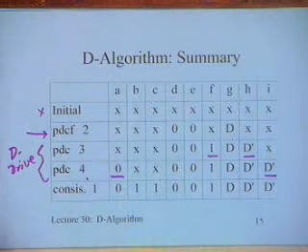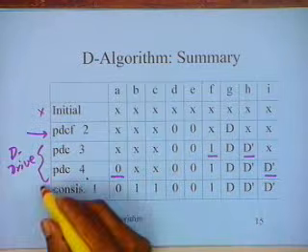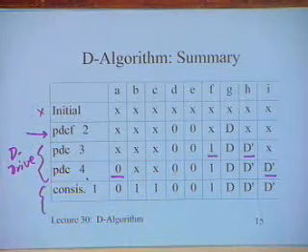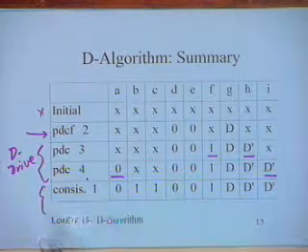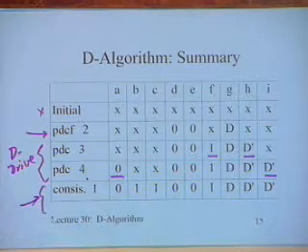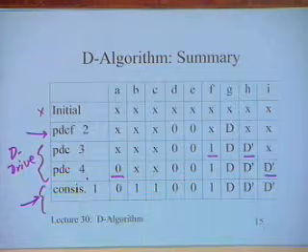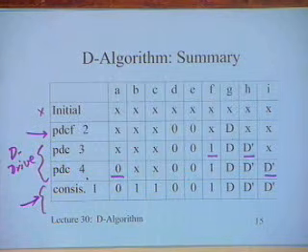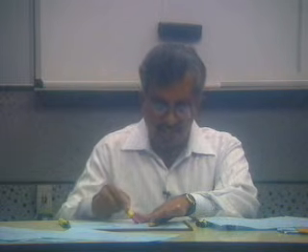Then I do the consistency check, and of course all the gates that are remaining whose outputs have been assigned, but inputs have not been assigned, they have to be followed with the consistency check. In this case, what has happened is, after performing this D drive, I have an output 1 assigned to this particular AND gate, but I have not assigned any inputs in the D drive, because this was the path.